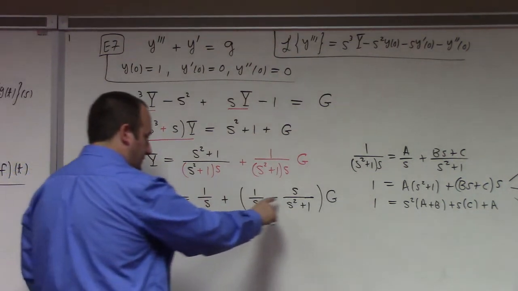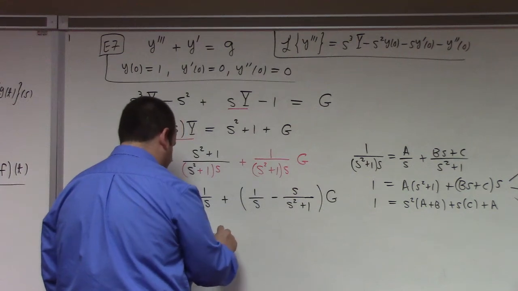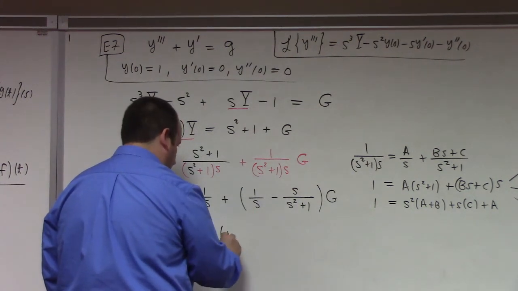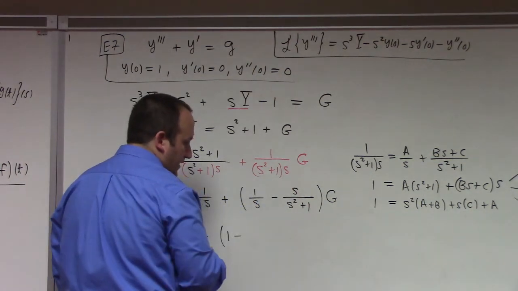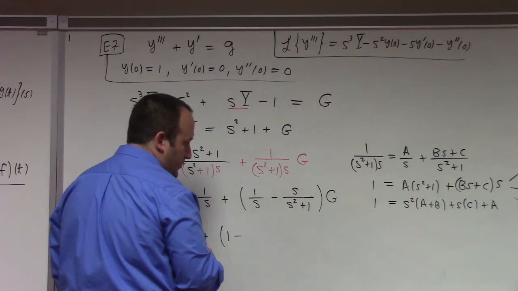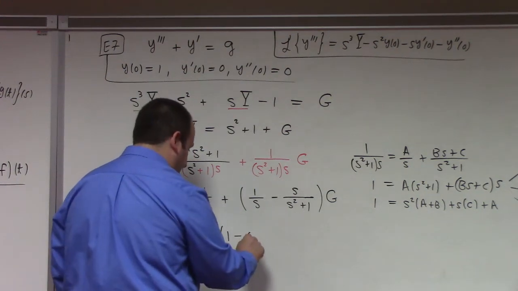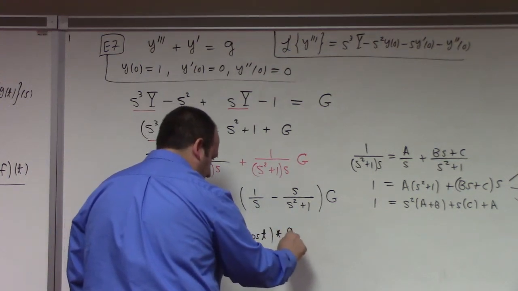And then this plus the convolution, right? So we're going to convolve 1 minus cosine t, since it inverse transforms to cosine t, with g.